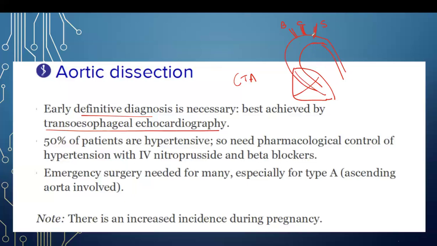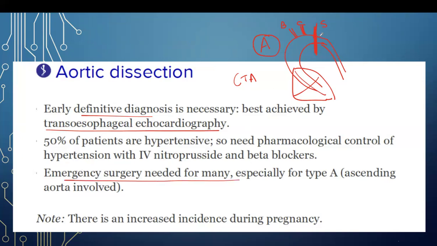If dissection happens proximal to the left subclavian artery, that's called type A aortic dissection. Type A aortic dissection is very close to the heart and it has high mortality. And emergency surgery is needed for this patient.